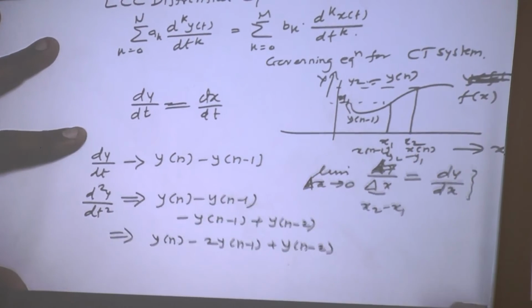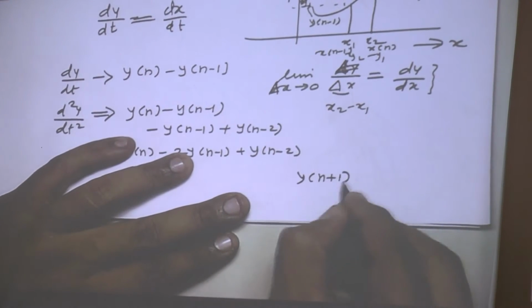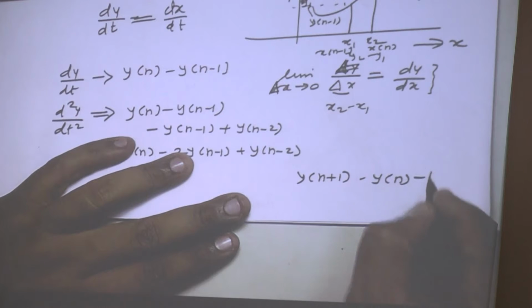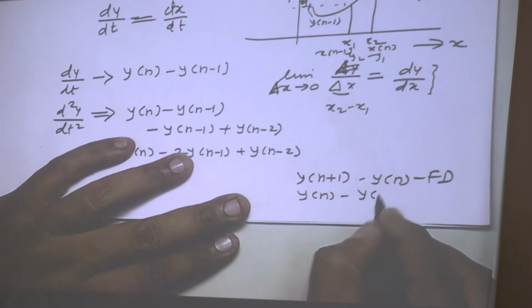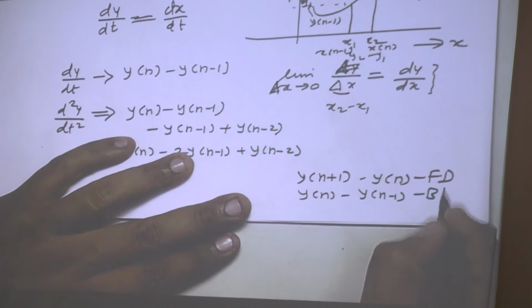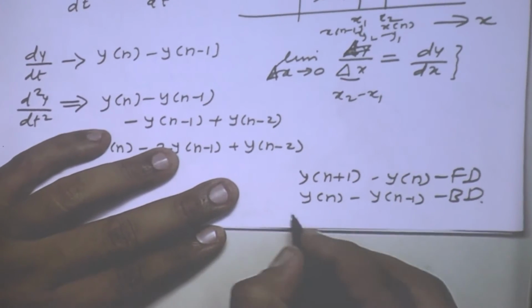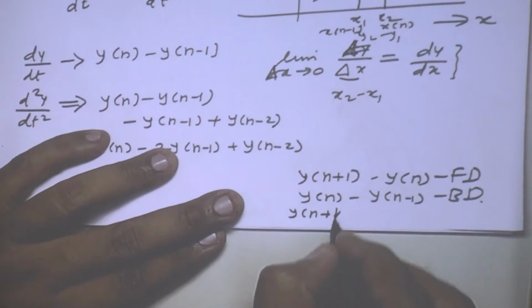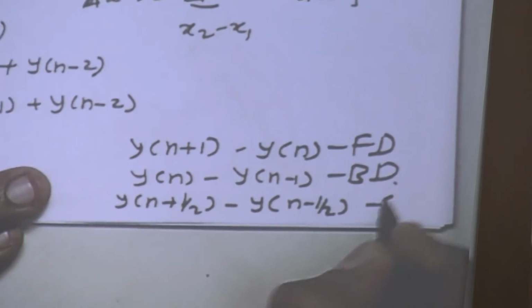Can you write what is forward difference? Forward difference is y of n plus 1 minus y of n. Y of n minus y of n minus 1 is a backward difference. And the third one is central difference. What is it? Y of n plus half minus y of n minus half. This is central difference.